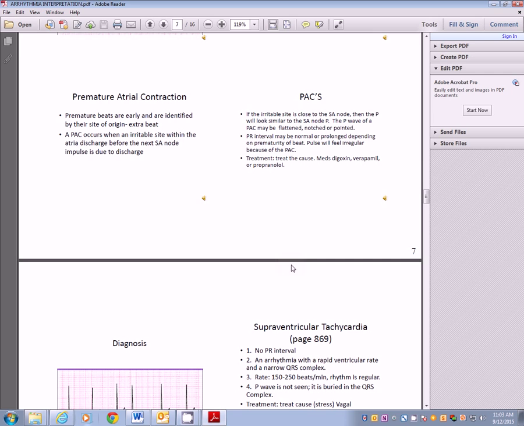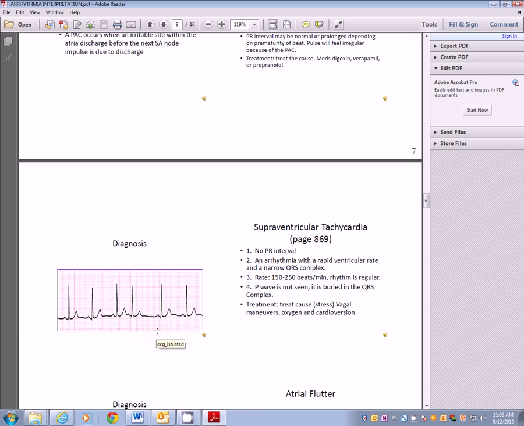So if you look here at this one, diagnostic-wise, you would see that we're sitting here going along PQRST, PQRST, PQRS, and you can see here we get a jumbled up extra beat in here so that it throws things off. And then you can see you'll start returning back and going back to normal.